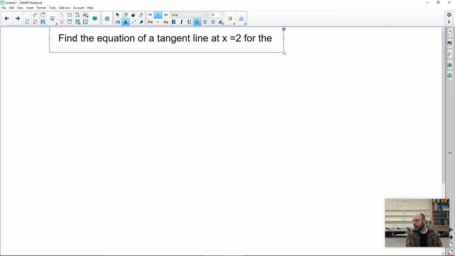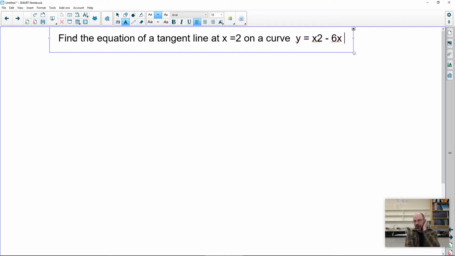for the equation on a curve. I don't know, let's go with y equals, let's make it simple, x squared minus 6x plus 2.